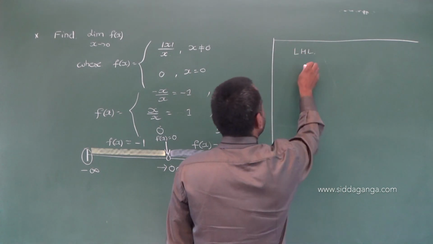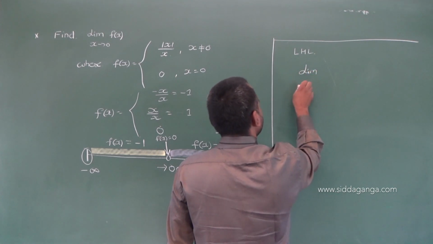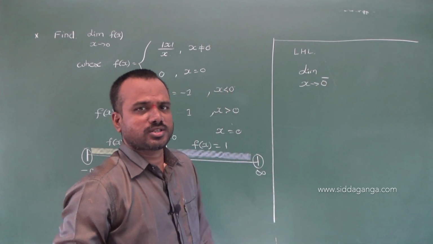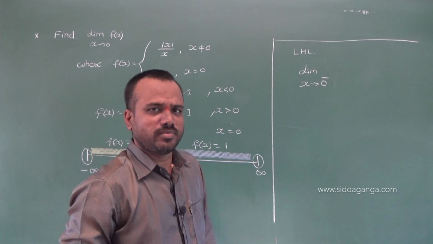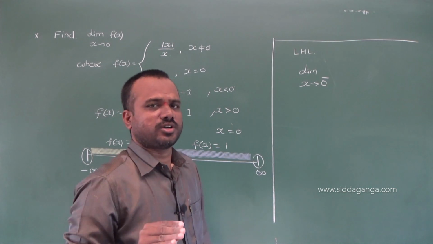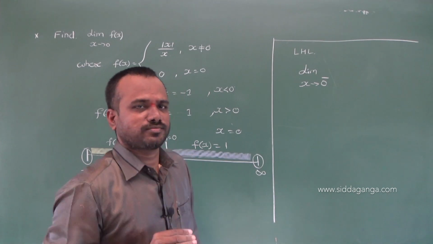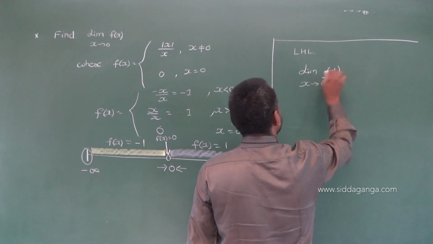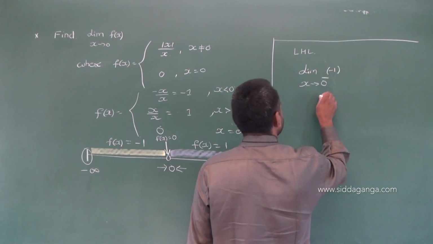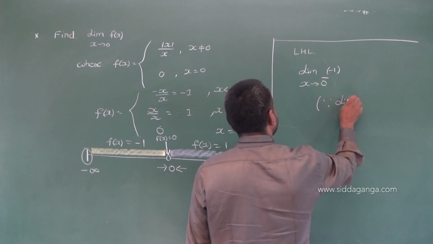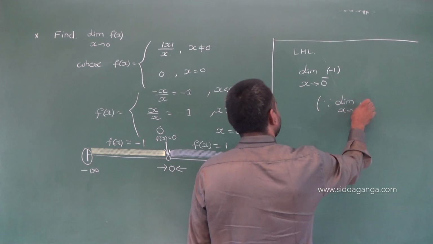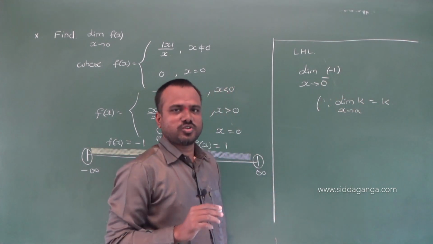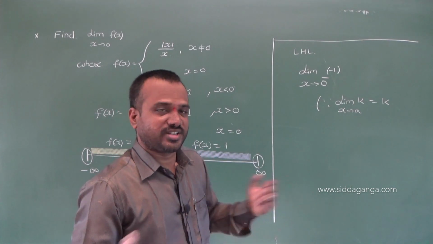Left hand limit: limit x tends to 0 minus. 0 minus means we are finding the left hand limit. Then the function is minus 1. Since I explained in the algebra of limits, limit x tends to a of a constant is the constant itself.